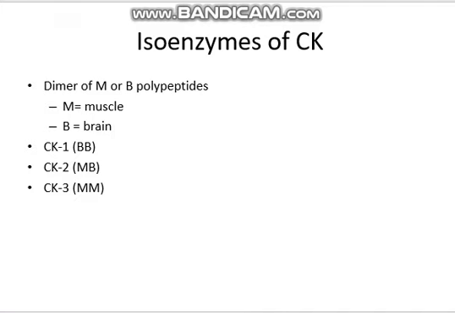They are found in different organs. Primarily, CK1 is found in the brain. B represents brain. MM is found in the skeletal muscles, while CKMB is primarily found in the heart.